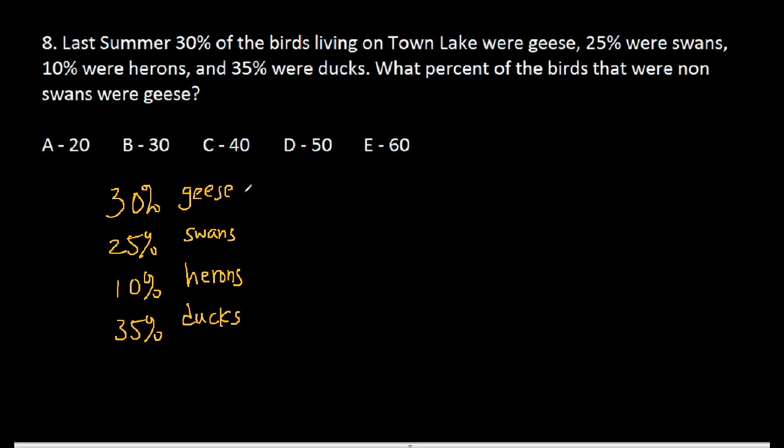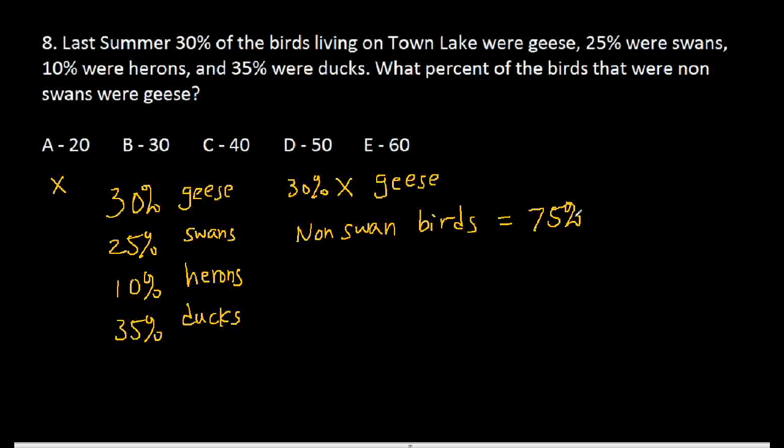So let's say geese we know already 30%. The total number of birds is X. So we have 30% of X as geese, right? Now, what is the total number of non-swan birds? Swan is 25%, so non-swan birds would be 75% of the total number, right?